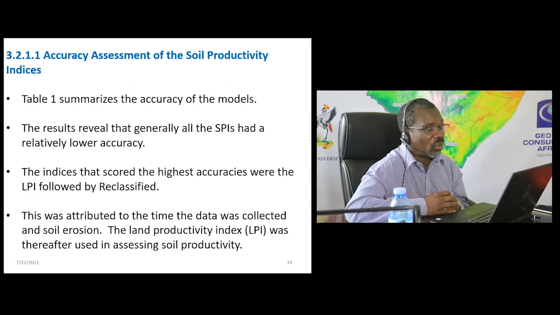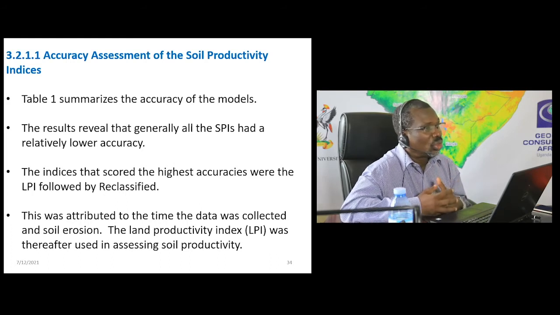So we tried to compute the accuracy of our model based on the classification from the FAO.